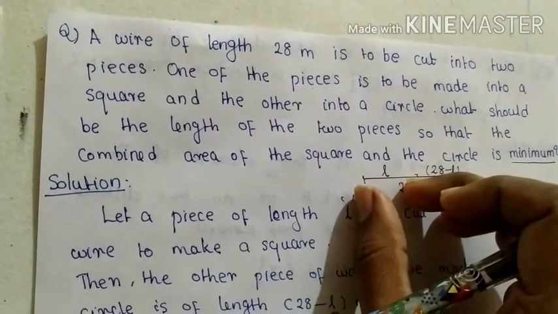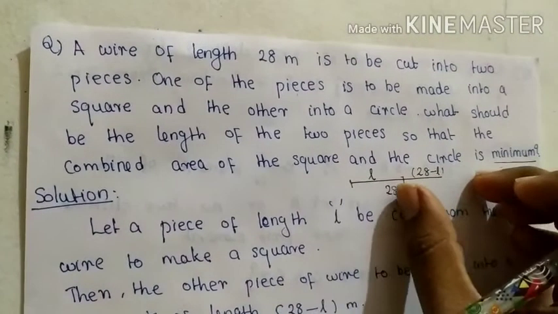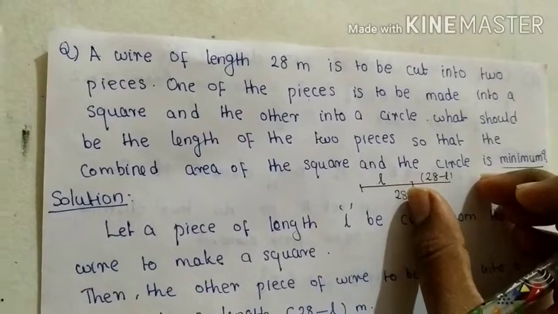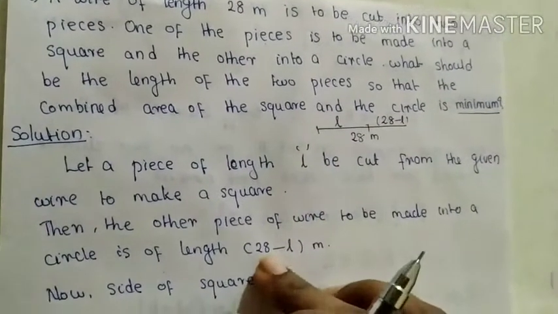The first piece has length L, and the second piece of wire has length 28 minus L.